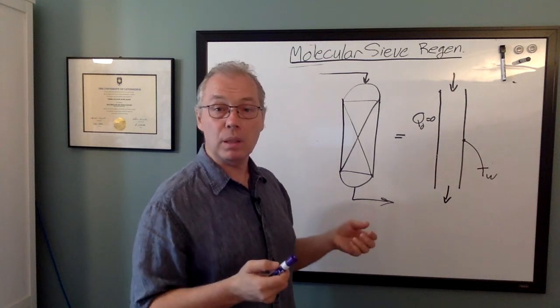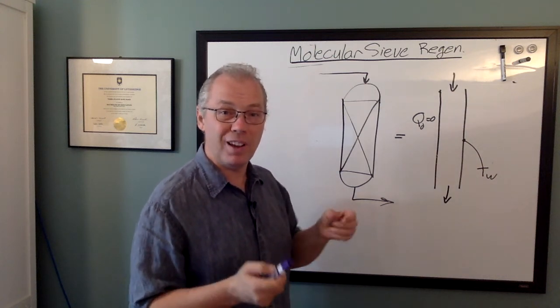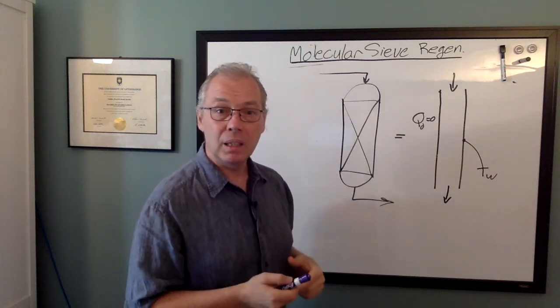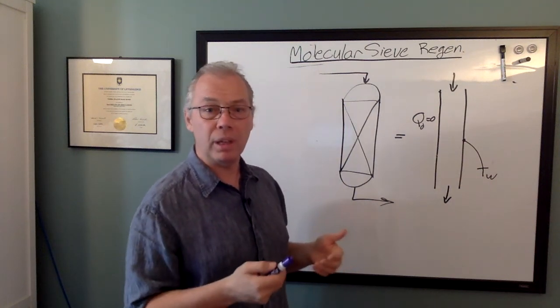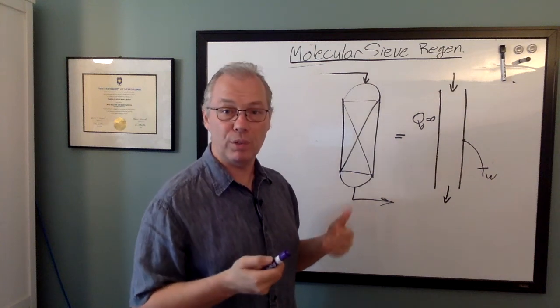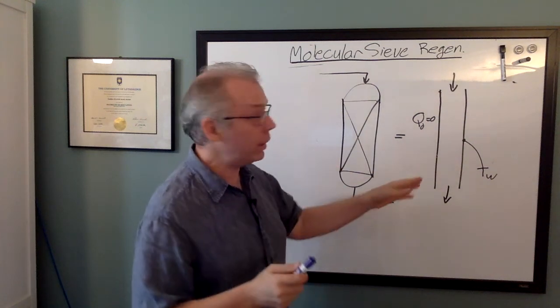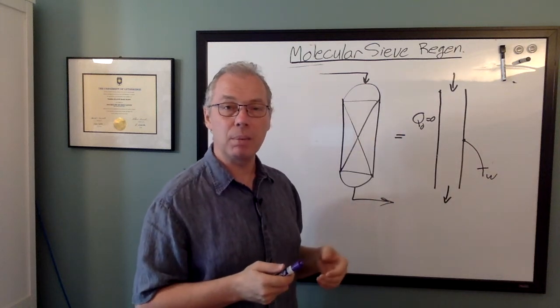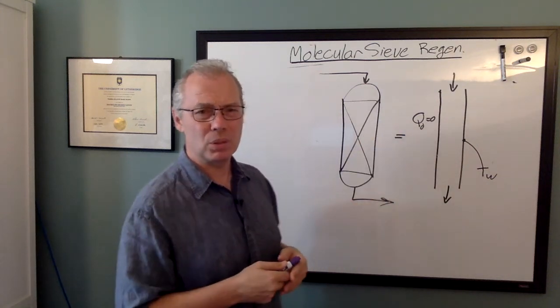We can estimate the heat transfer coefficient for an individual mole sieve particle. Let's say it's a round particle about yay big, but then we have to convert the whole thing into a heat transfer coefficient for our imaginary or modeled 1.5 meter diameter pipe. So have some fun with this.